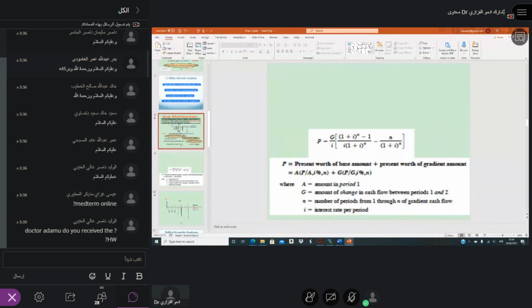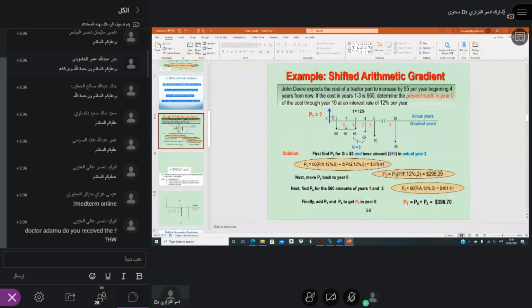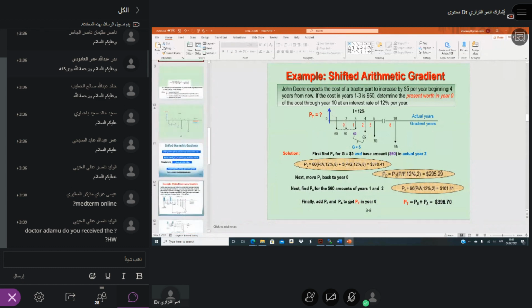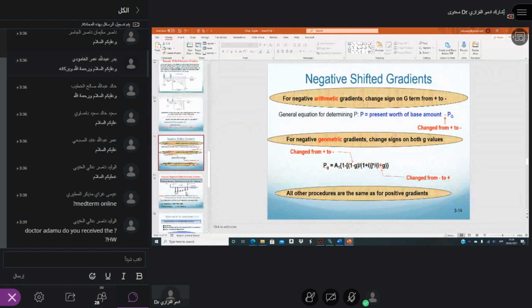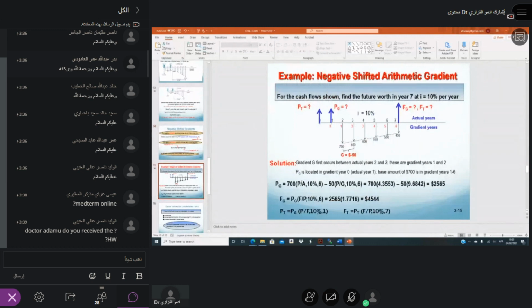You do the calculation, you find the P2 at this point, then you do the same thing, just the same way. Okay, so now 700 is the amount. So solution, the gradient occurs between year 2 and 3.